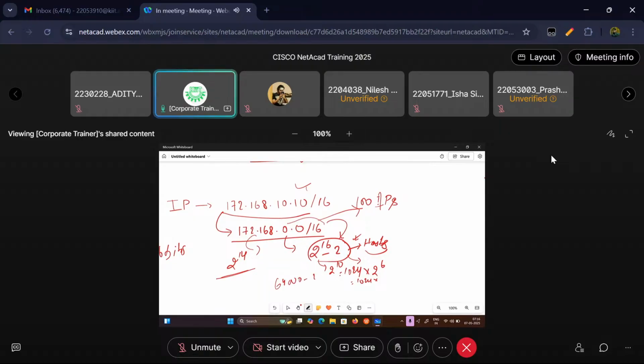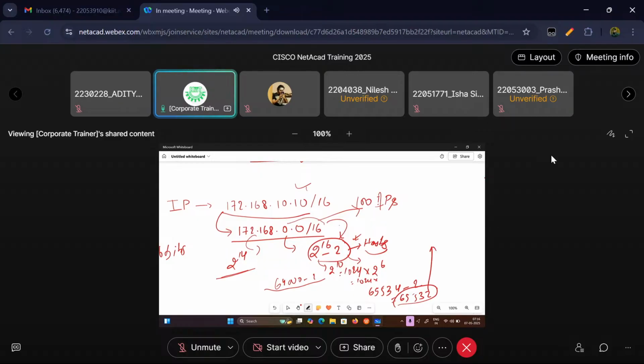Minus 2 if you subtract, the value is 65534. So that many hosts you can configure from this network.